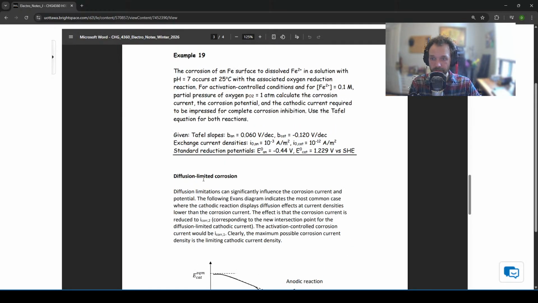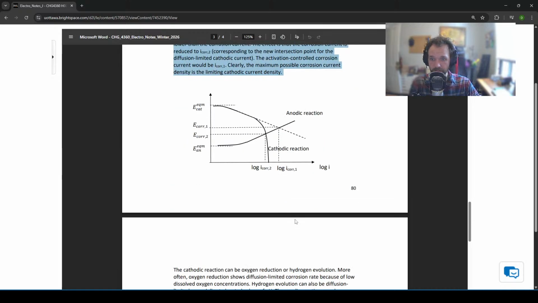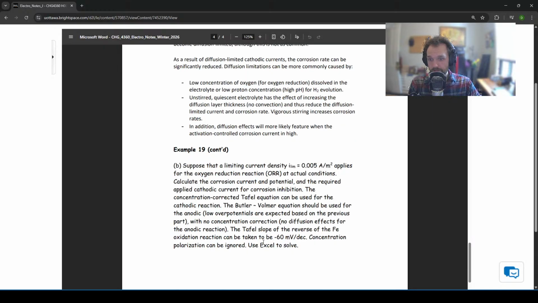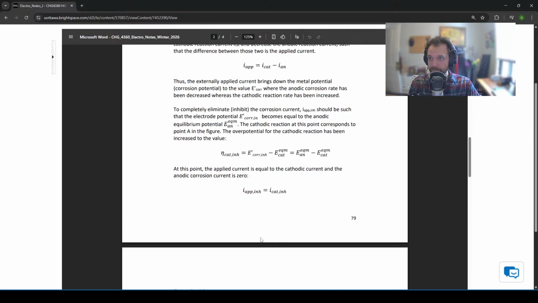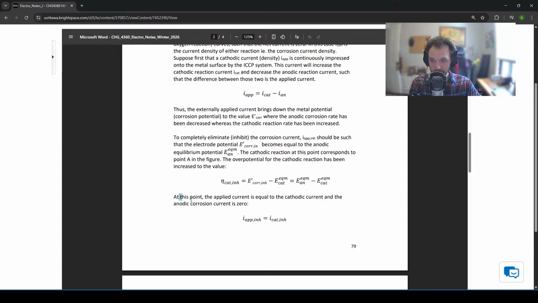Oh, diffusion limited current, can't forget about that because that is also important. Equal to the cathodic current. Anodic current is 0.